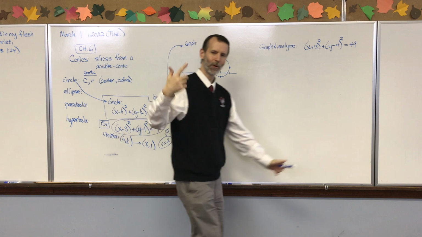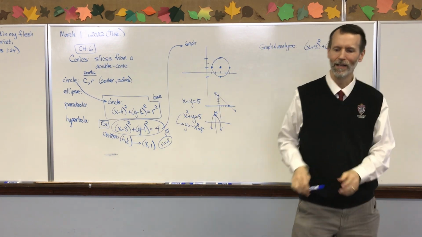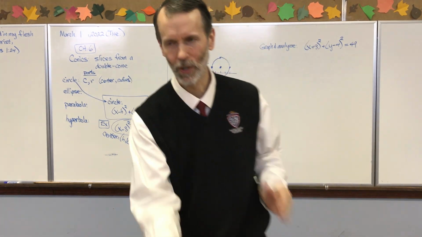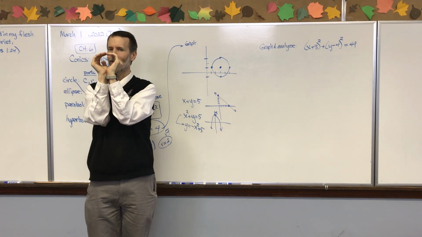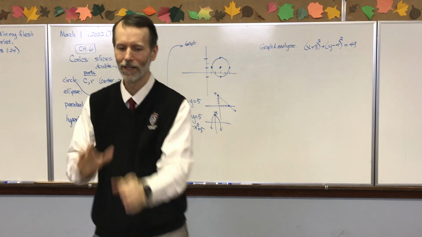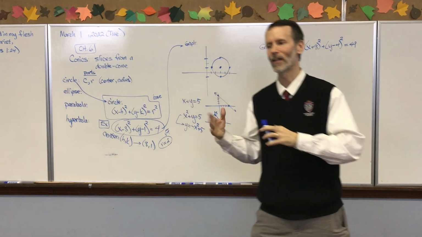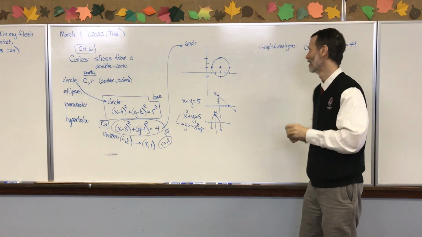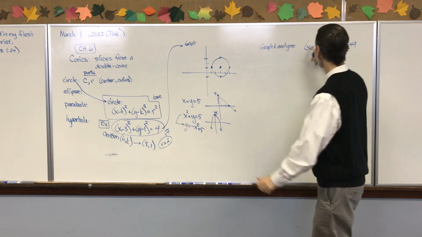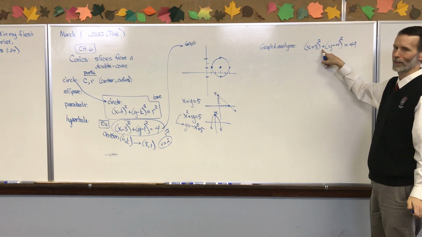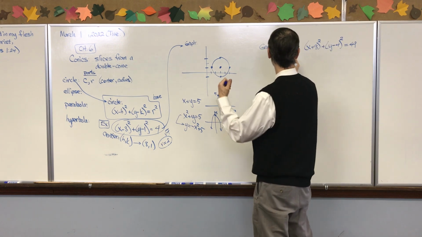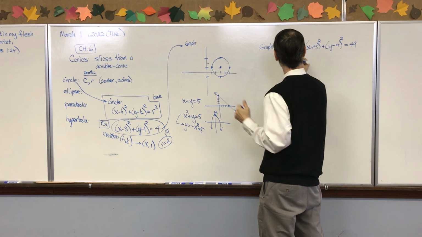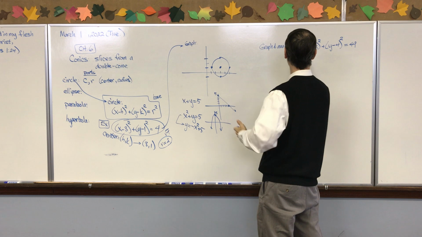What happens if you square both of them? Not only do you bend it in one direction, you bend it in the other direction and it closes in. So it bends in the left-right direction and also in the up-down direction. So anytime you have an x squared and a y squared added up, you're going to get a circle. Okay, so far, that was foreshadowing.